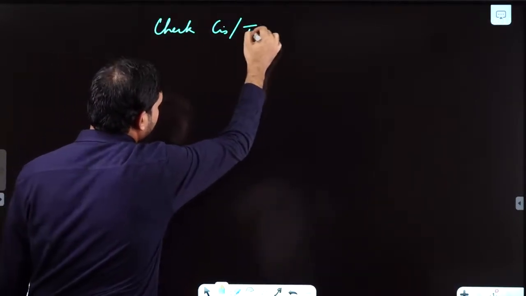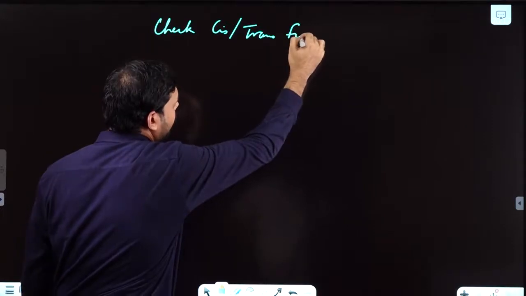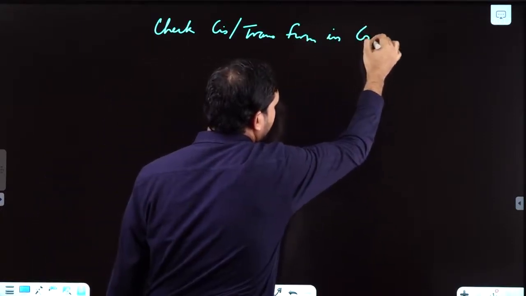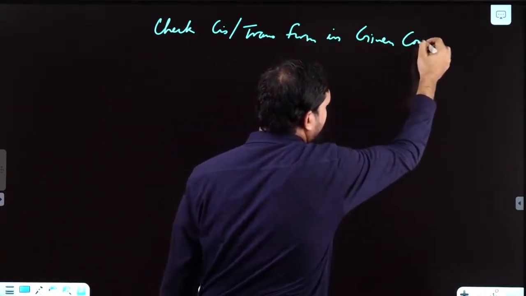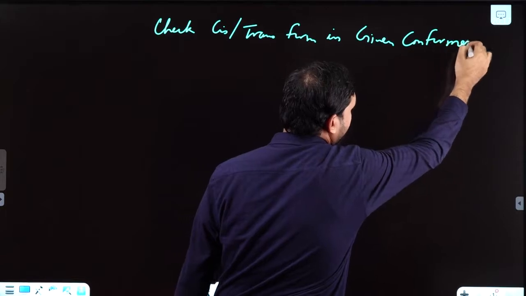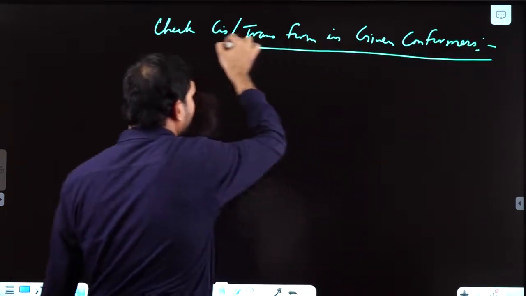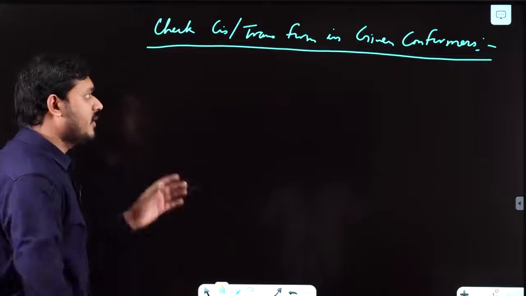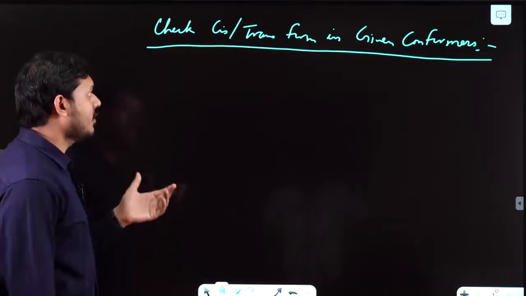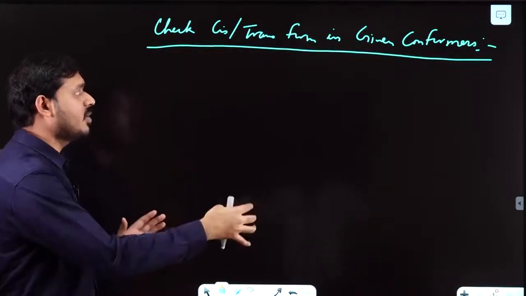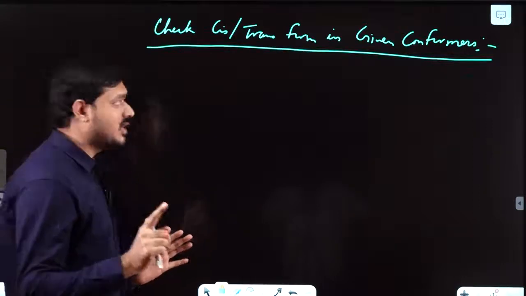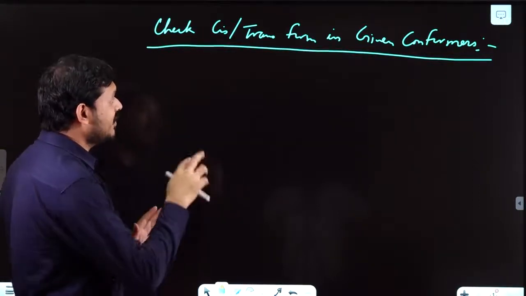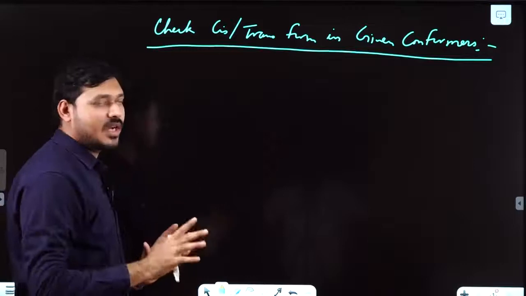check cis trans form in given conformers. Now here, if you are given different conformers, then you have to find whether the given form is cis form or trans form. So here you can understand we are making the application of cis trans in conformation, right?